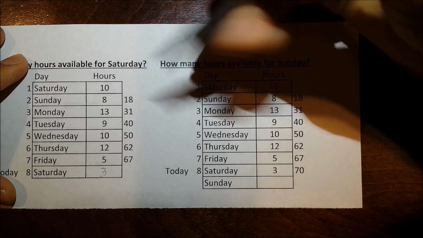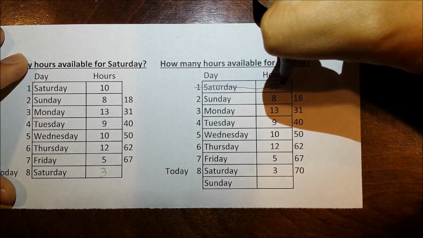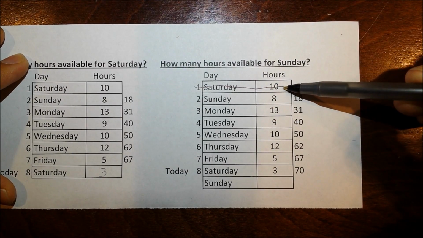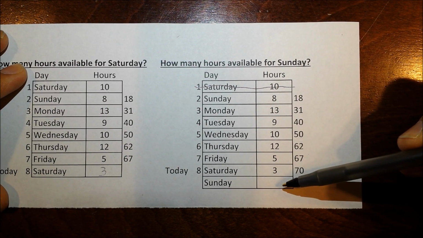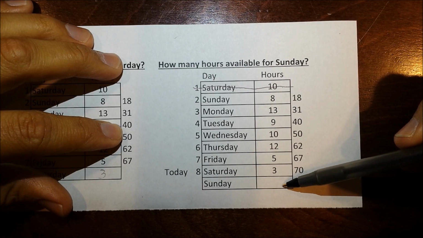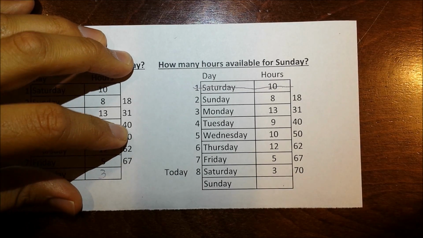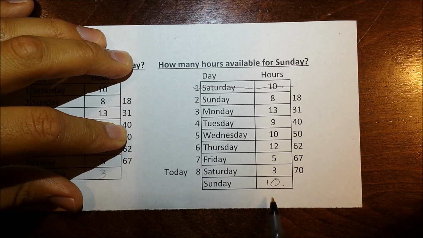And now Saturday, we're going to delete it because it's not within the 8 days anymore. So these 10 hours that we had used are now available today. That answers our question. For Sunday, we now have 10 hours available.